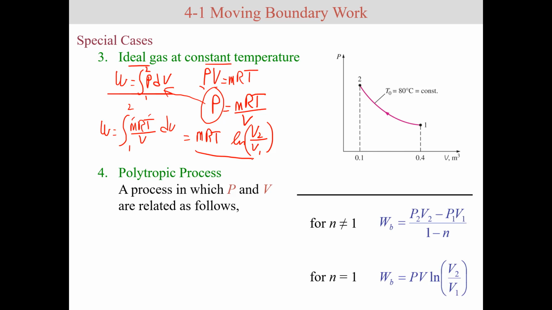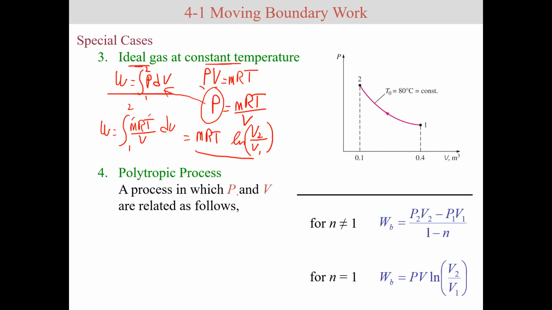All I did was take my work in its integral form, find an equation for pressure as a function of the change in volume. I used the ideal gas law for this, substituted it in, and I integrated. So I ended up getting the work done for an ideal gas undergoing a constant temperature process.